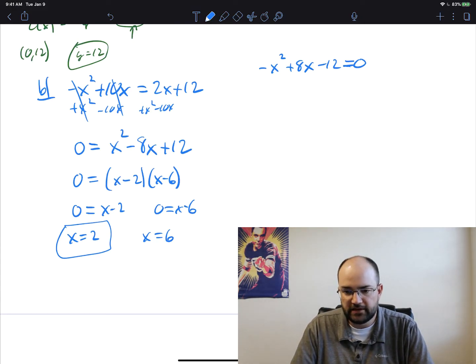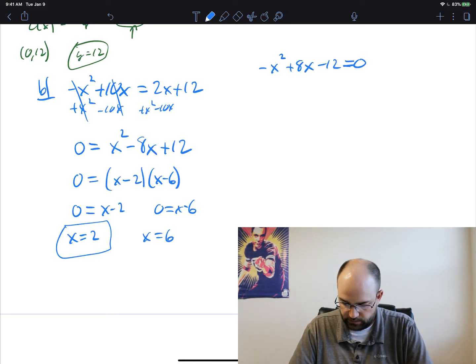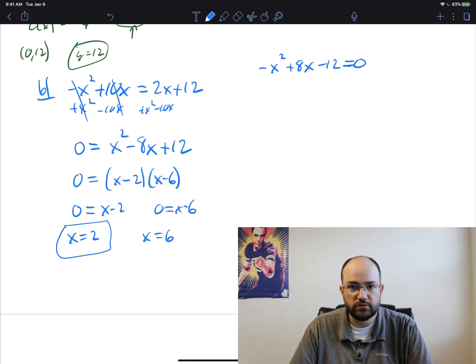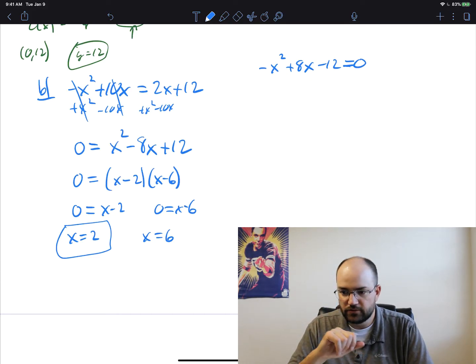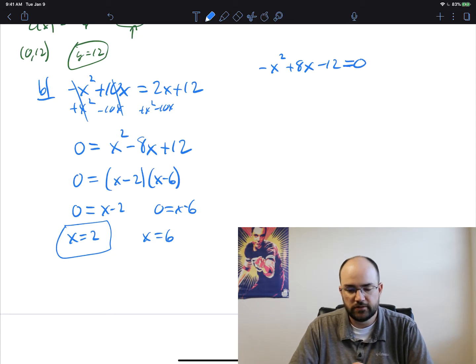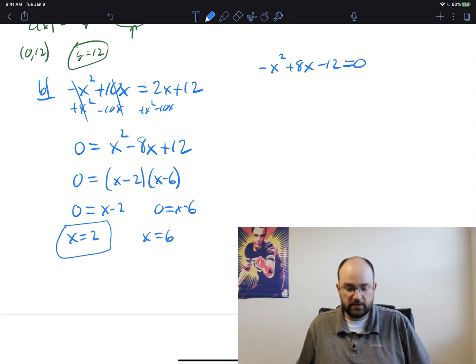So if you type that into the calculator, where a is -1, b is 8, and c is -12, it again gives you 6 and 2. It just flips those around. So just make sure that your smallest between the two is 2, so x equals 2. Same answers.